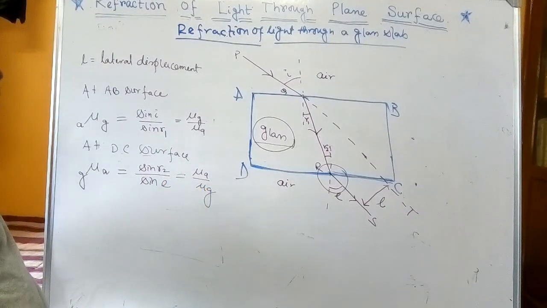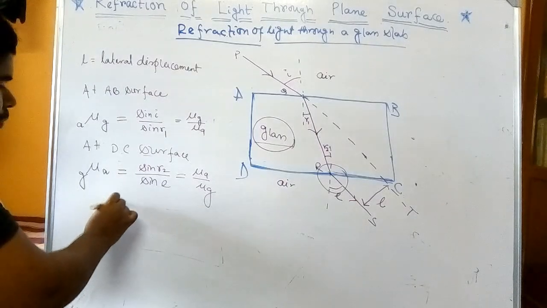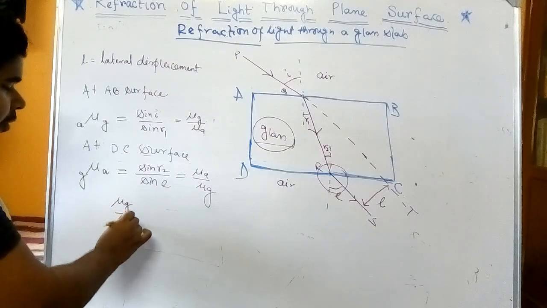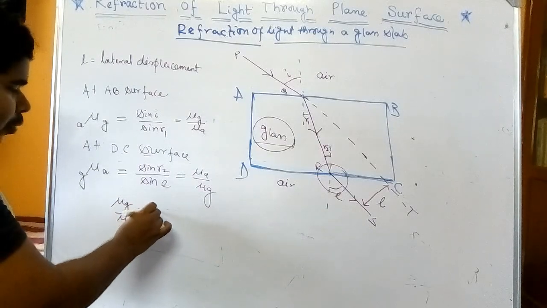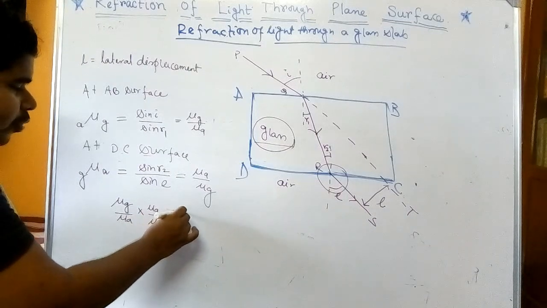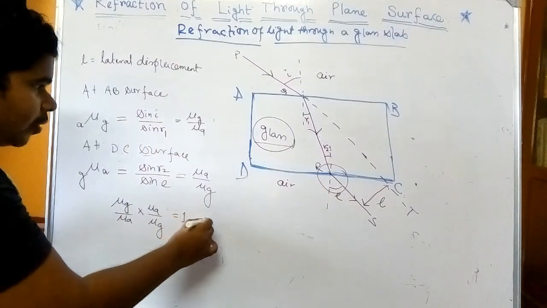Now from here we can write that mu G by mu A into mu A by mu G should be equal to 1. So let's write it down.